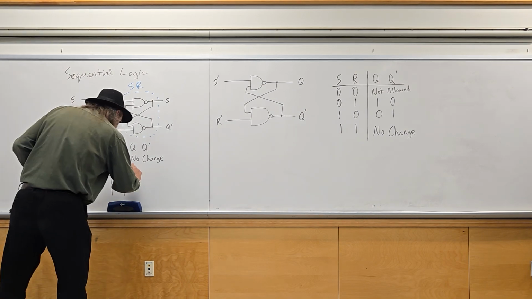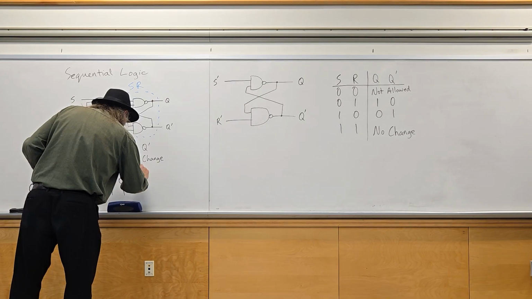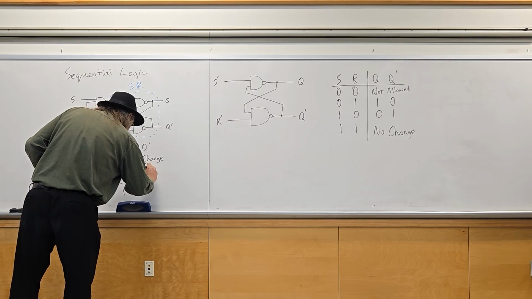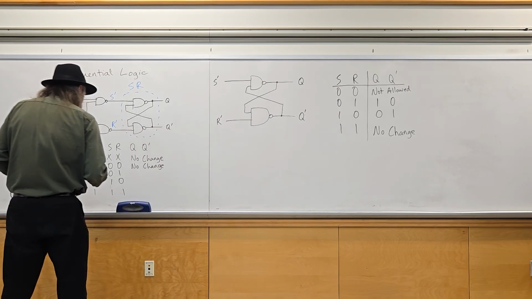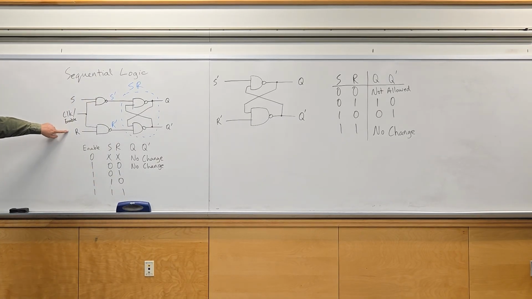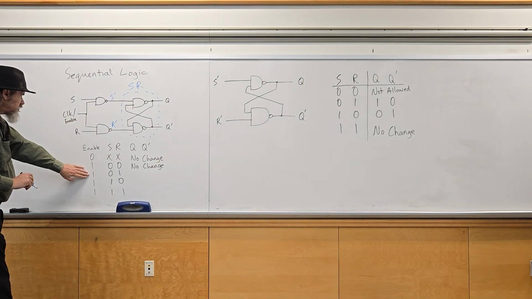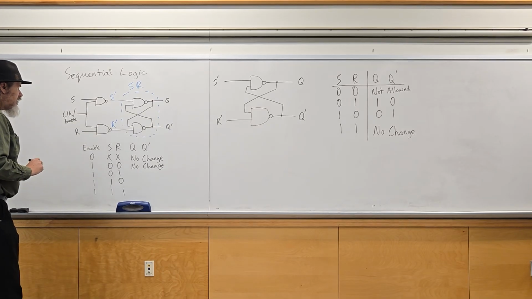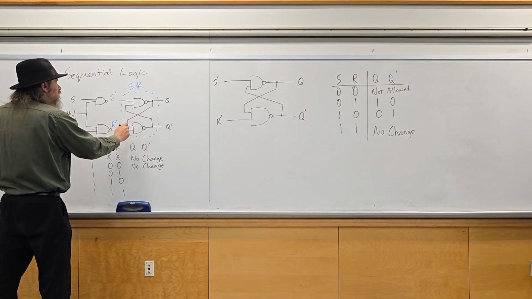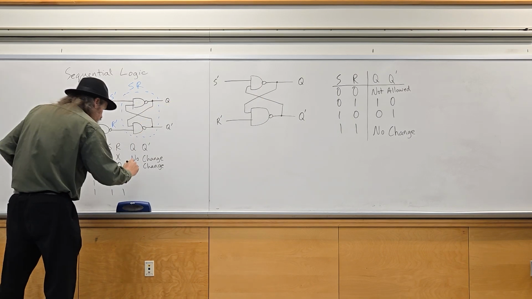So there's no change here either with S and R being 0. And the R and the enable on will make R prime 0, and then follow this over here.